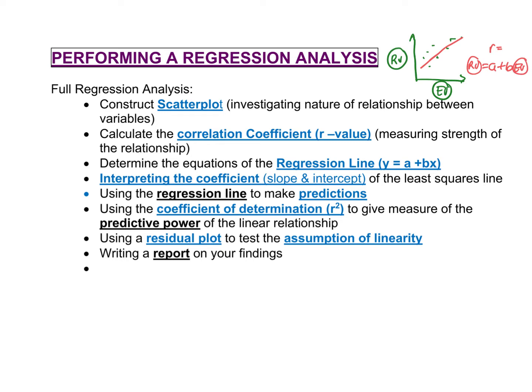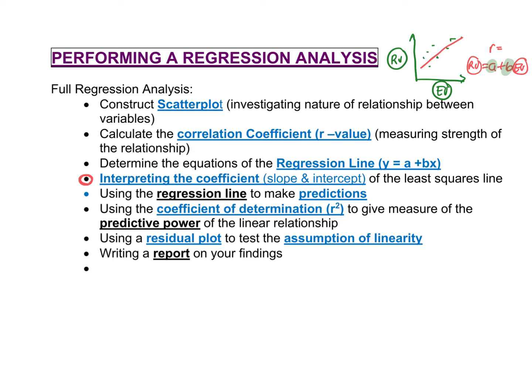The next thing in our regression analysis is interpreting the coefficients. So really what it means is explaining what the A and the B value tell us when we write that out. As I said, when we have anything that's interpreting, I would have a fill in the blank statement for you, so you don't have to stress about whether you're writing it correctly. So we'll look at that.